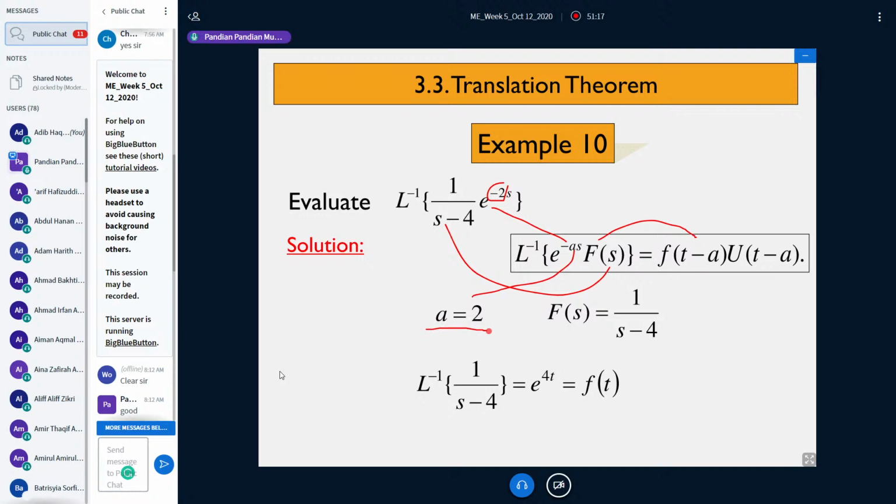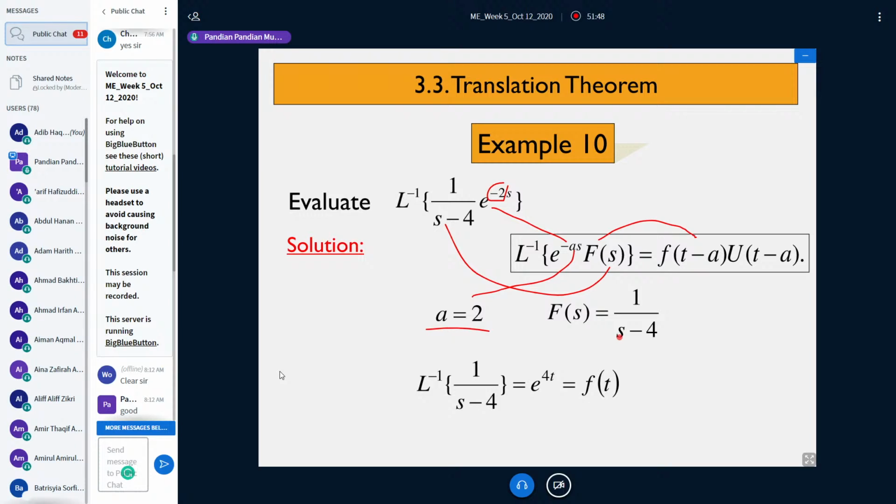All right, so a is 2. We already found a, so you have to match this with this. Your F(s) is 1 over s minus 4. You look at the table. Go back to the table. This is a very important class. Otherwise cannot. You refer to equation 7 in table 3.1, slide number 18: the Laplace of e power at is 1 over s minus a.